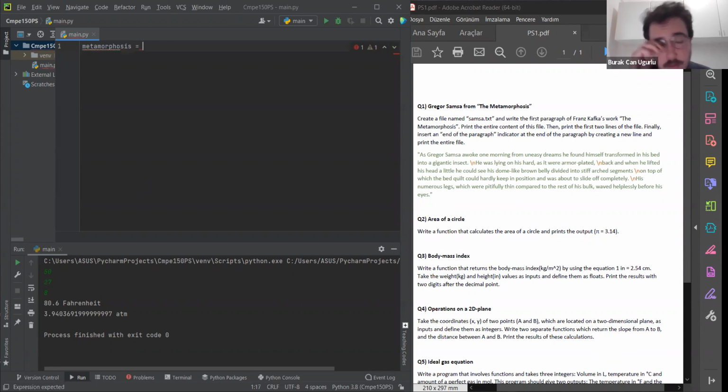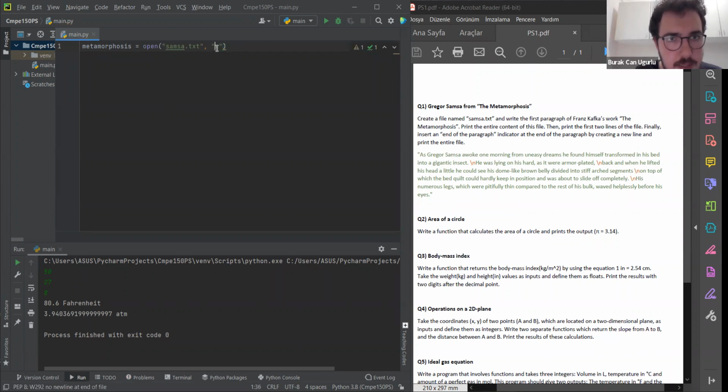This will be the file's name, and the file should be created like open samsa.txt as x.